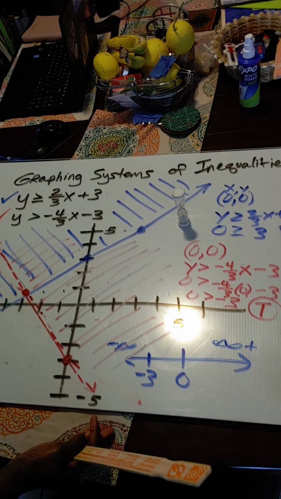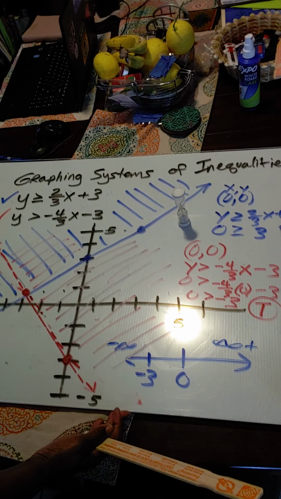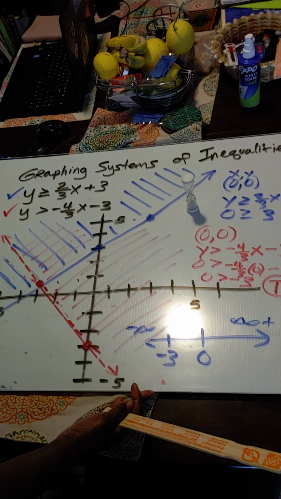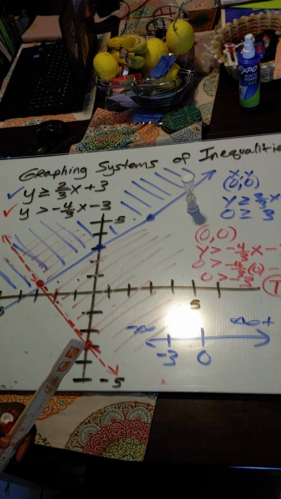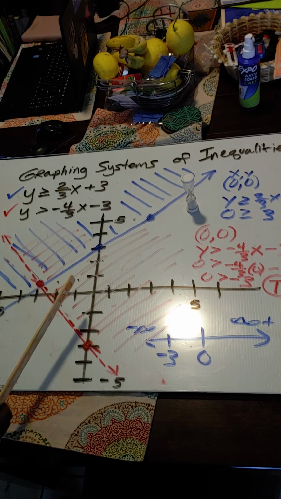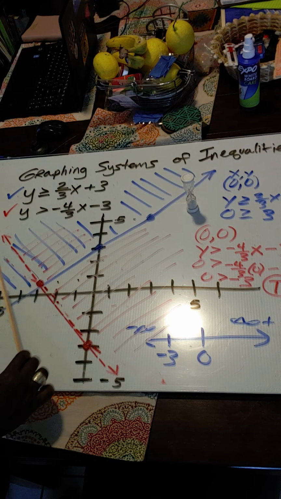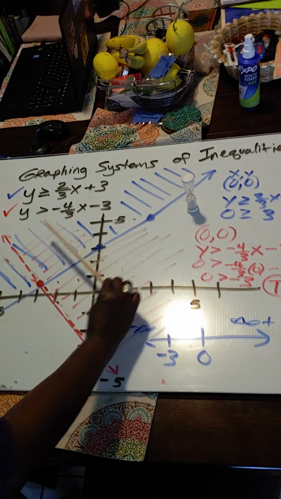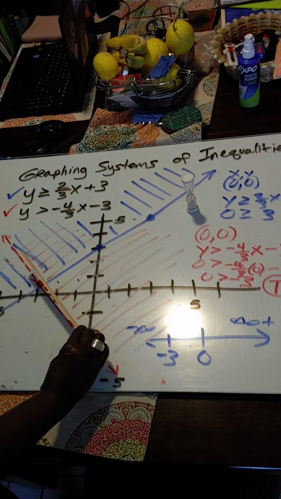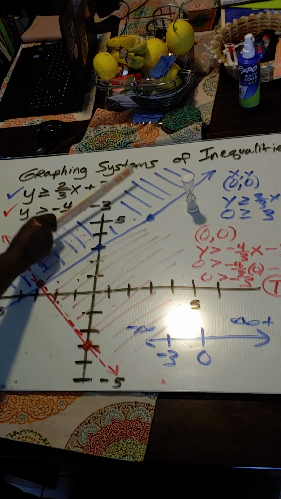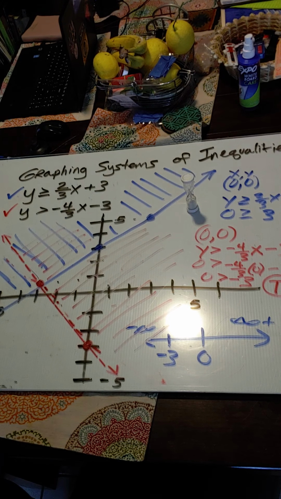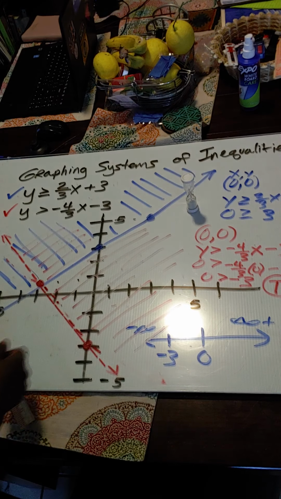Kiddos, I hope you notice that, I don't know how clear that is to you, but clearly we have values that are red, values that are blue, and values that are what? If you said red and blue, you're correct, right?